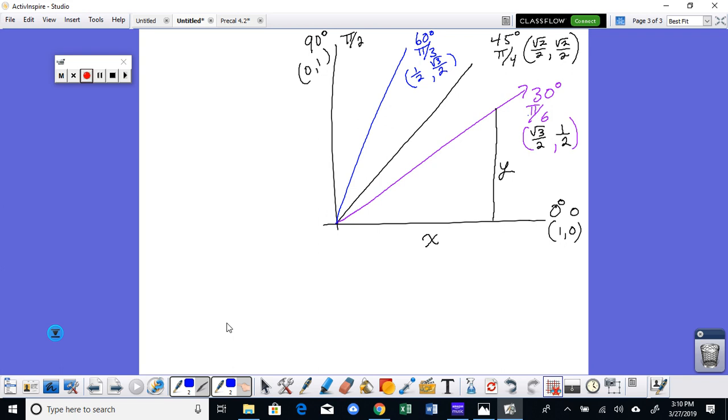Once you have that information, you should be able to readily convert any one of the degrees to radians and vice versa, or give me the sine or cosine of any one of those angles, knowing that my x, y ordered pair is in the form cosine, sine. Okay?